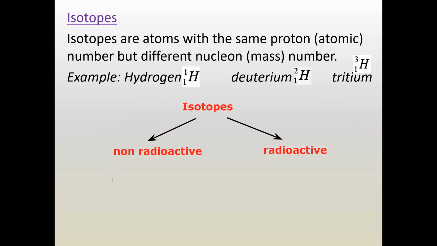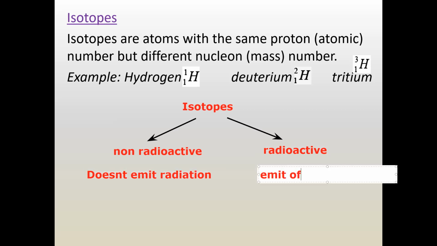The isotopes, atoms having the same number of protons and a different number of neutrons, can be non-radioactive or radioactive. Non-radioactive isotopes do not emit any radiation, and radioactive isotopes emit radiations. And what kind of radiation can they emit?